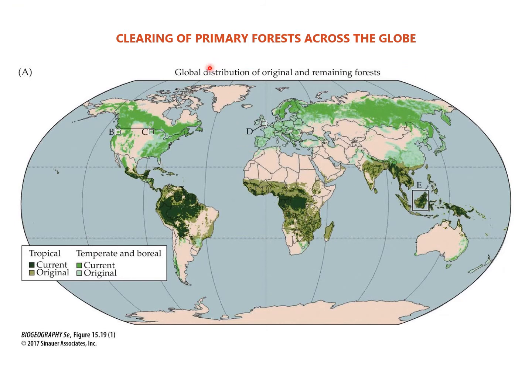Also, the clearing of primary forests across the globe has been a pretty destructive trend throughout a lot of human history. So here we're seeing the tropical and temperate historical extents of these forests and the current extent, and pretty much anywhere you look, if you compare the current to the original, either tropical or temperate, you're seeing a decrease in the geographic extent of these forests.